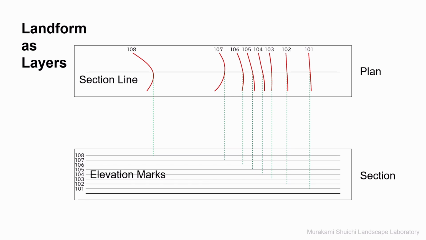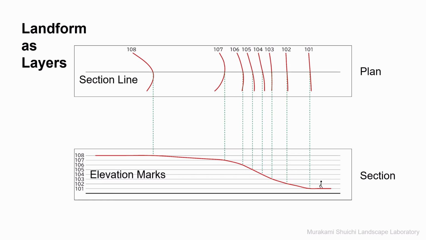From each intersection between the section line and the contour lines, we project vertical lines downward to the sectional drawing and identify their corresponding elevation marks. Then, we connect these points with a smooth curve. In this way, the sectional profile of the landform emerges.